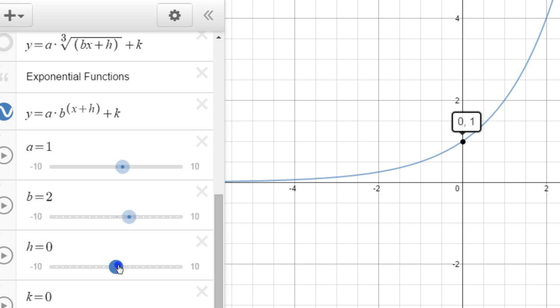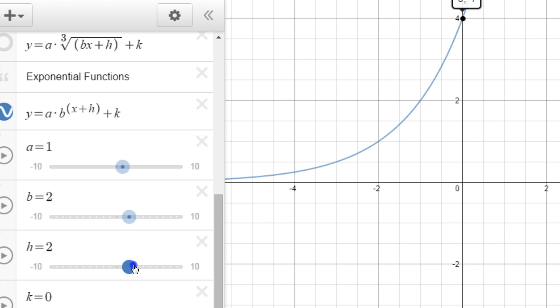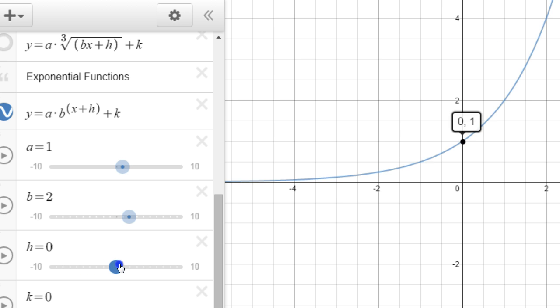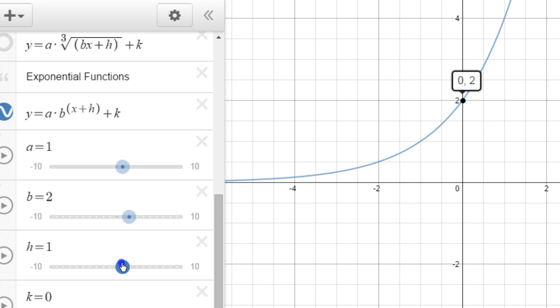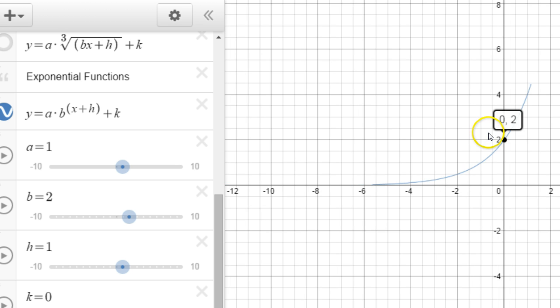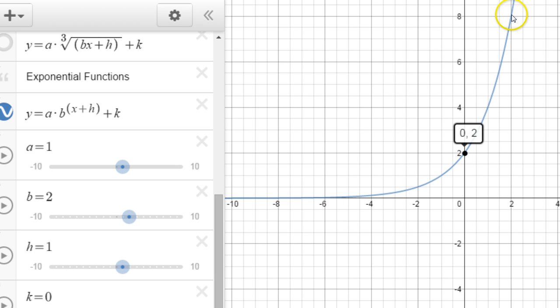Alright, now if I move h at all, what it's actually going to do is increase the power. So instead of being just 1 right here at 0, if I make it a 1, it's going to be bringing it to the power of 2, and it's just going to be working its way up. So, for example, if I zoom out, 2 would be 8, and then 1 would be 4.